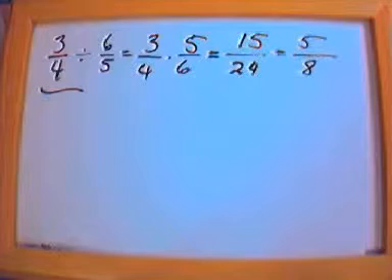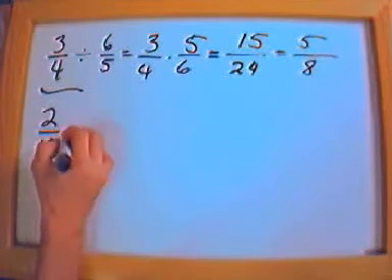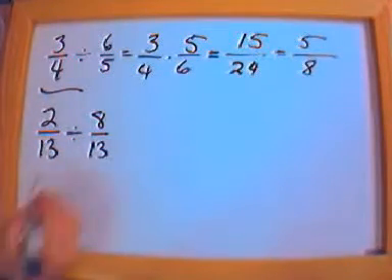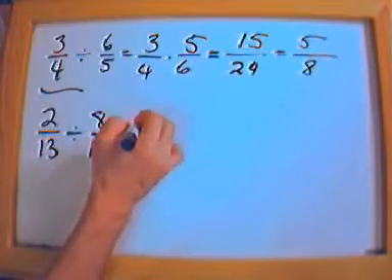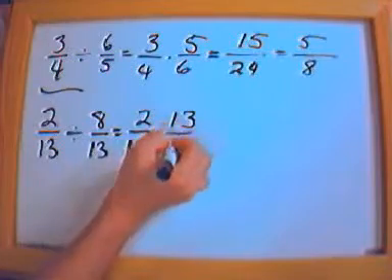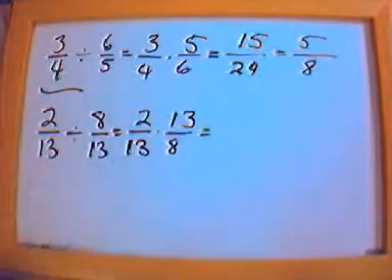And again, it's going to look like we're doing a lot of repetition, but repetition is the secret to doing these things. 2/13 divided by 8/13 equals 2/13 times 13/8. Notice right away, 13s jump out at me.